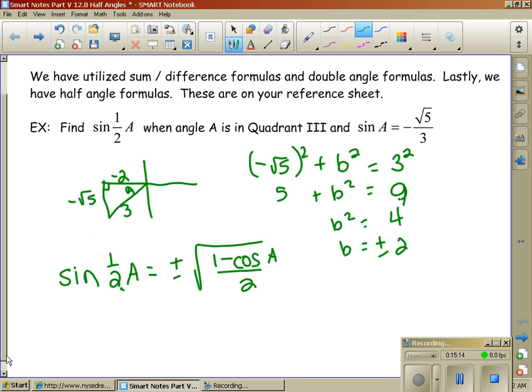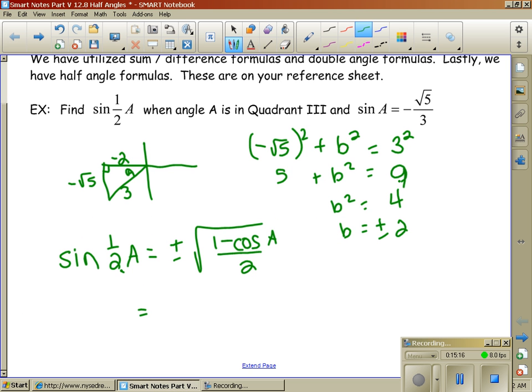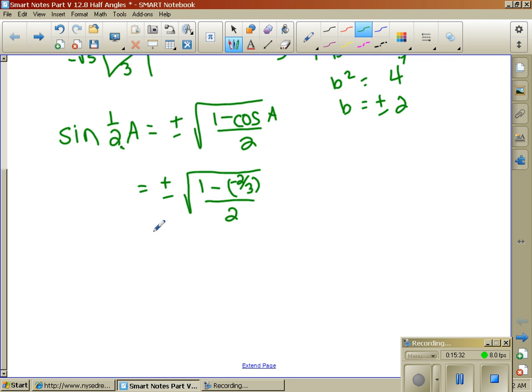Okay, simply plugging in. What's the cosine? Go back to your triangle. Cosine is adjacent over hypotenuse, so 1 minus negative 2/3 over 2. And we just have to do some algebra, and that's it.